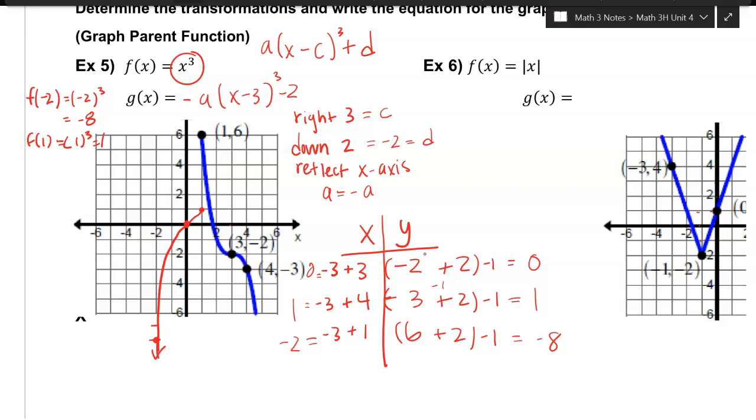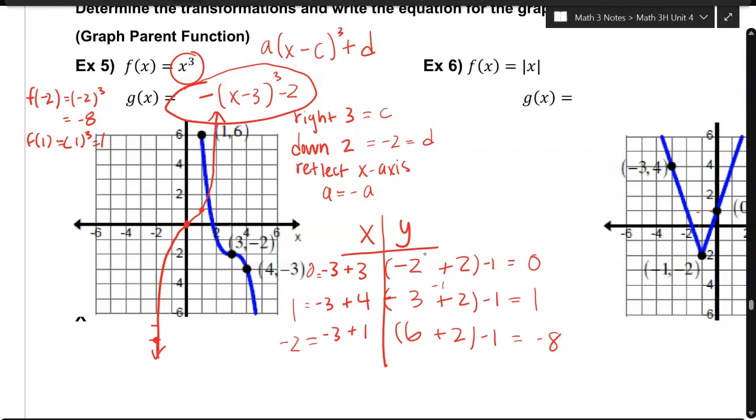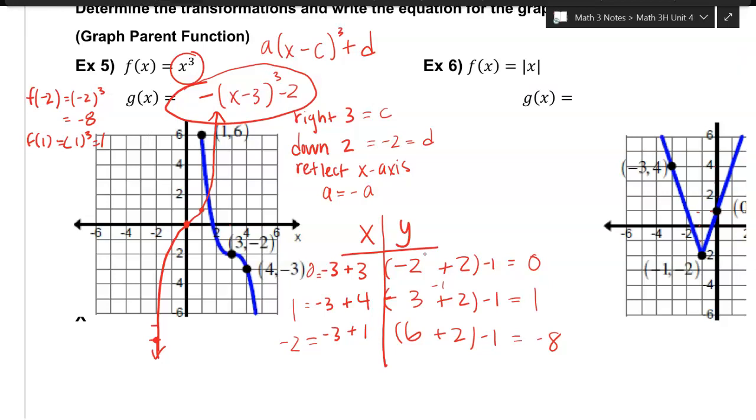So those points match up. So we actually don't need to find our a value because our points are correct. Whenever your points are correct, you don't need to solve for your a value because it will just be a 1. So then your equation should be -x minus 3 to the third minus 2.